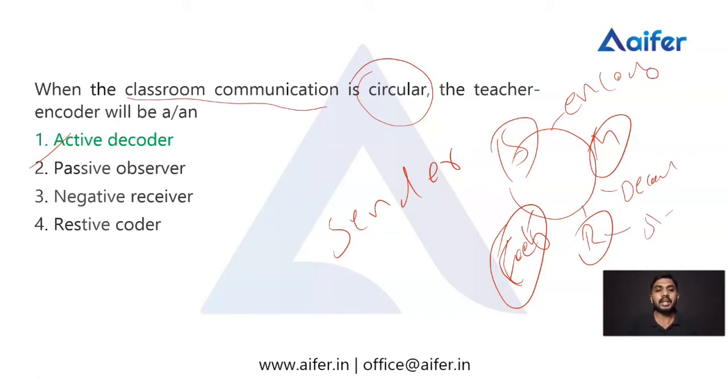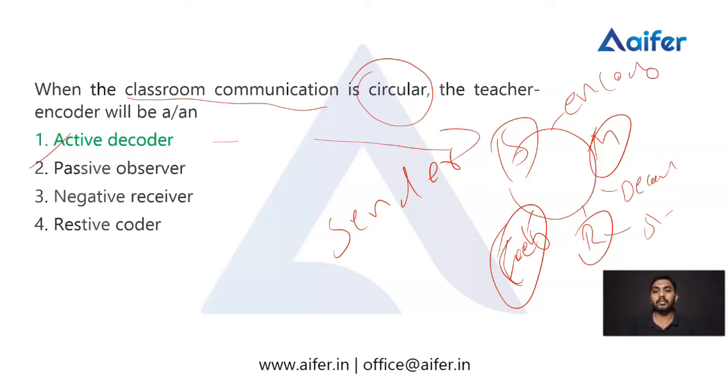When the students inside the classroom give feedback to the teacher, we can say that there is a circular classroom communication. So in this process, the teacher is an active decoder. The receiver is encoding the message and it reaches the sender, that is, the teacher, and the teacher will be the active decoder.